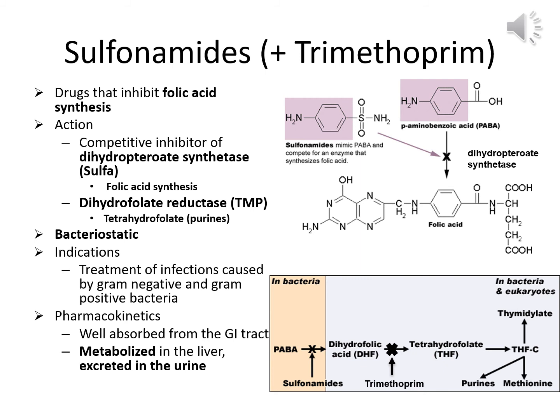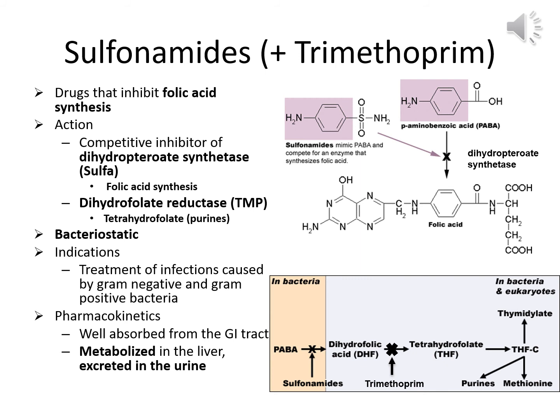And so if we look at the sequence of events that occur in the bottom right hand corner of this slide, paraminobenzoic acid, PABA, is converted to dihydrofolic acid, which is not quite active yet, and then dihydrofolic acid is actually converted to tetrahydrofolate, which is the next step in the synthetic process.